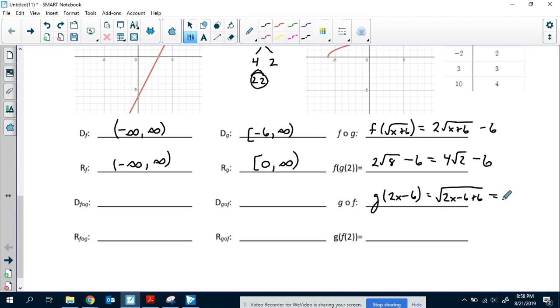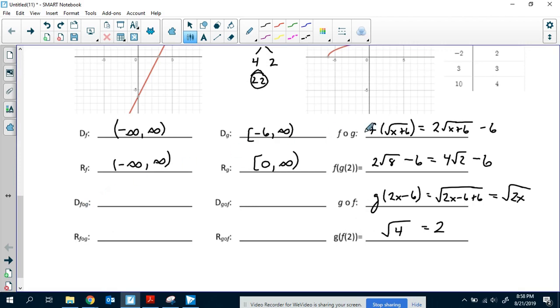And then if I simplify this, I just get the square root of 2x. I cannot simplify this any further because the 2 is on the inside of the square root. So if I take g of f of 2, I'm substituting 2 into this equation. I get the square root of 4, which is 2.